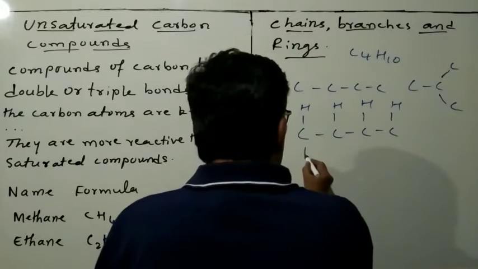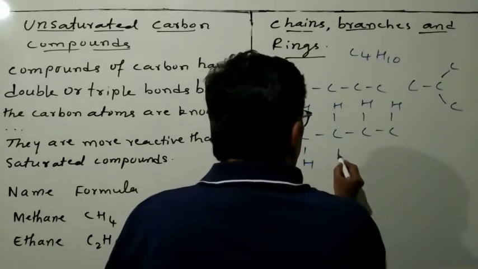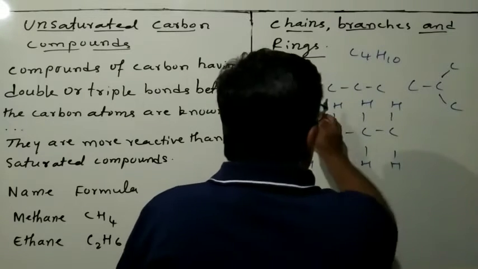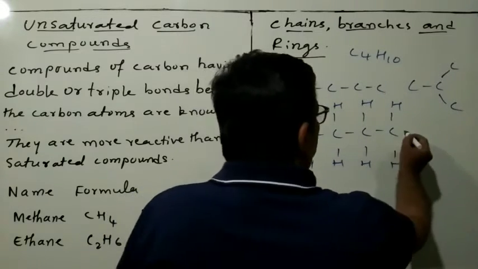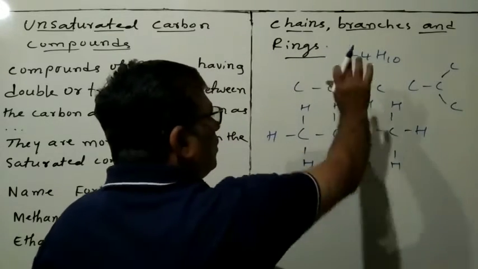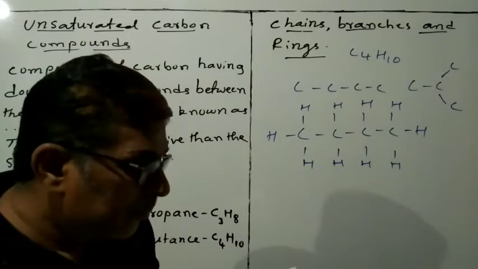Okay, in the similar fashion here. Now what H8. So here 9 and here 10. So this is the structure of the butane.